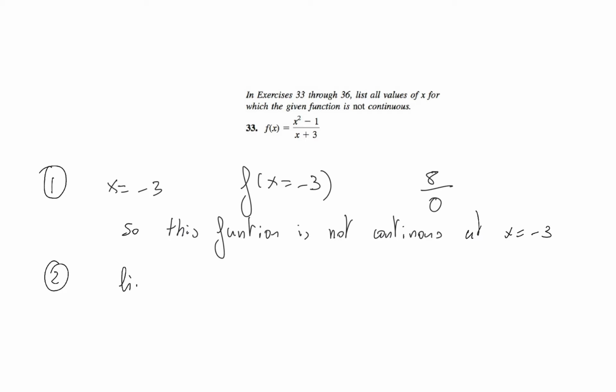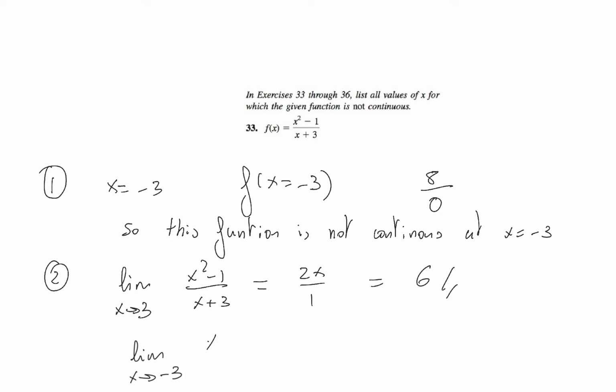The second thing is that the limit when x approaches minus 3 of x squared minus 1 divided by x plus 3 must exist. This approaches 2x divided by 1, and when x approaches minus 3, it approaches minus 6.